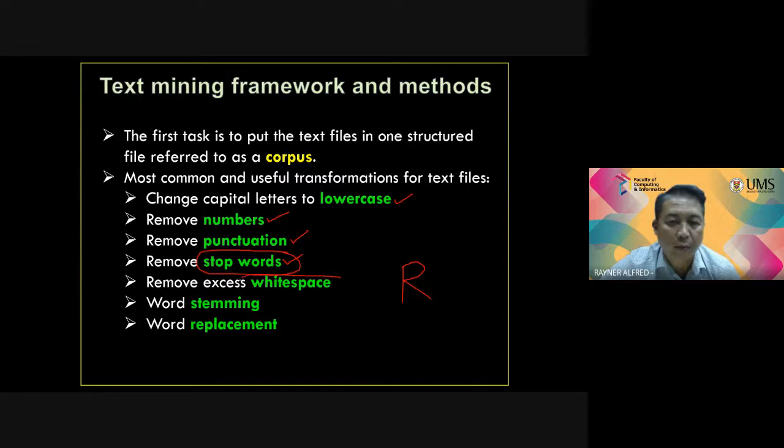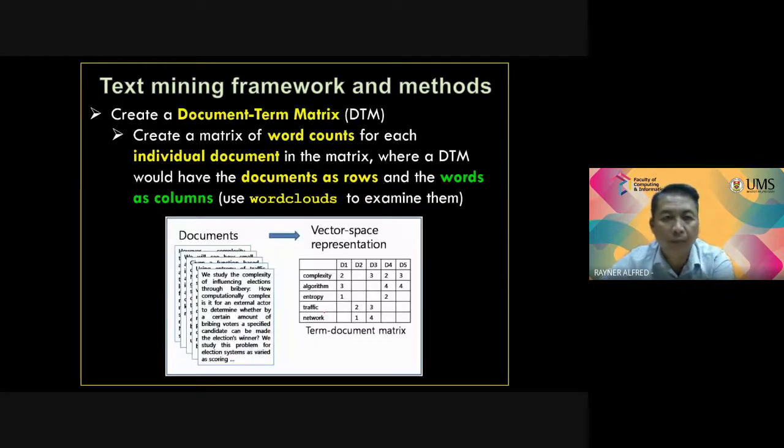We also have to remove some of the extra white spaces. We can do stemming, and then maybe we can replace some of the words that are different but have similar meaning. So this is the process that we need to do.